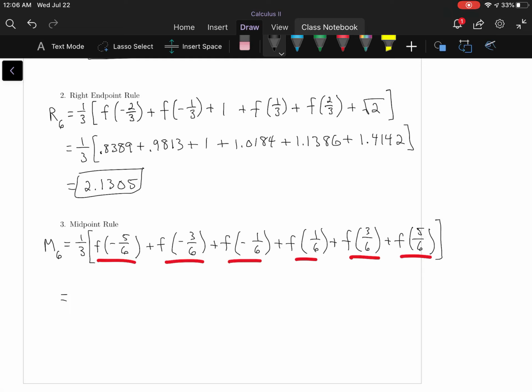When you do that, what you should get are the following. So at f of negative 5/6, that midpoint value on the curve is 0.6491. At negative 3/6 or negative 0.5, you should get an f value of 0.9354.